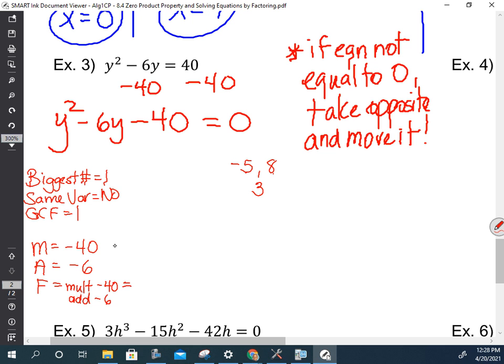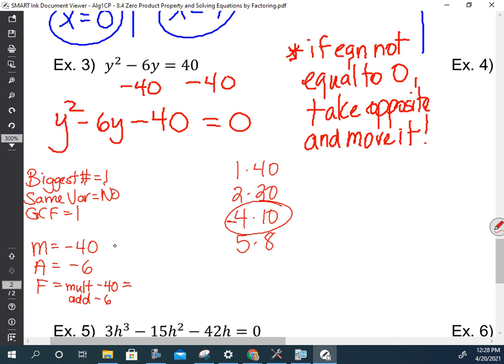So close. We just need another pair of numbers. Think about all the ways you can get to 40. Negative 4 times 10 will give me negative 40.